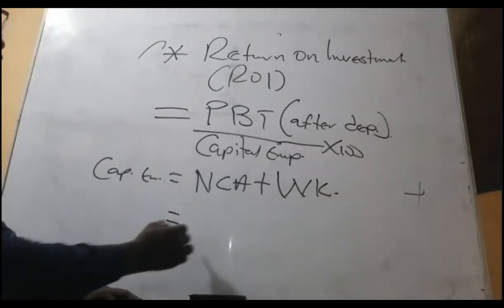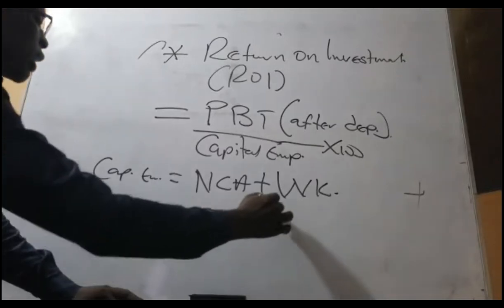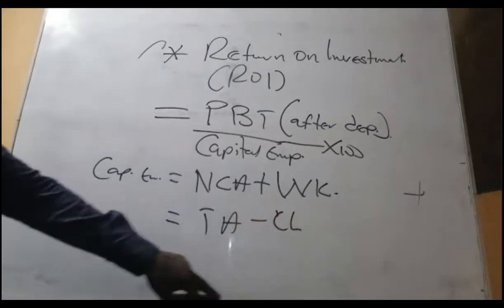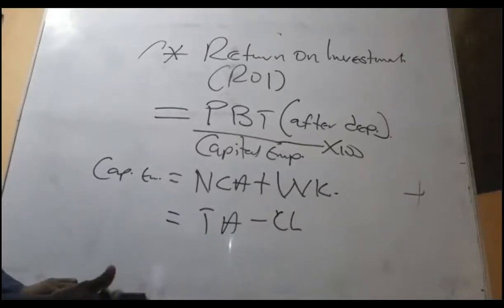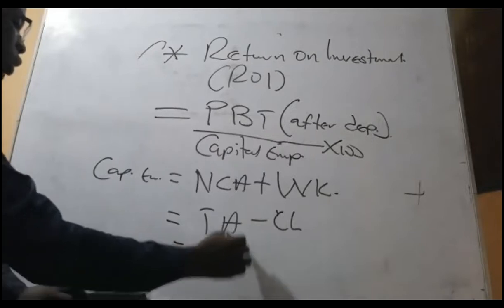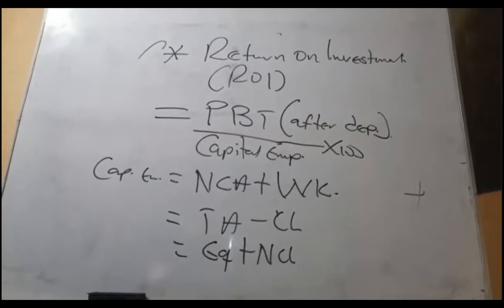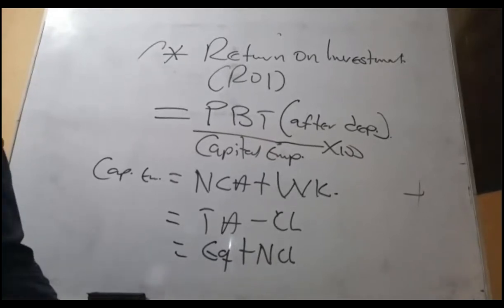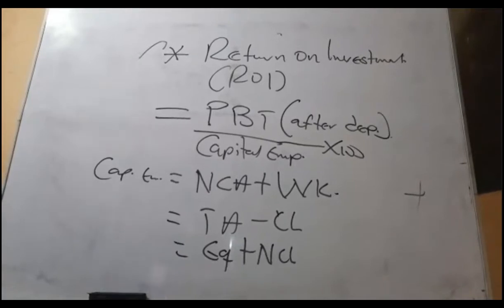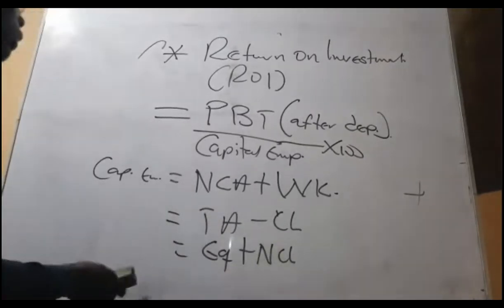Or method 2, total assets minus current liabilities. The last one will be equity plus non-current liabilities. This is how we are going to calculate the capital employed, and that's all. So let's see if we can pick one nice question. I've uploaded a question. Now let's check our one example.